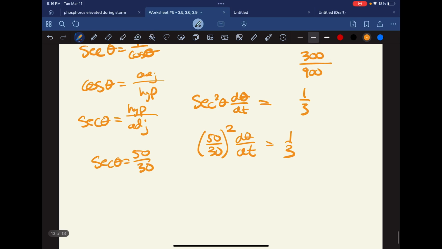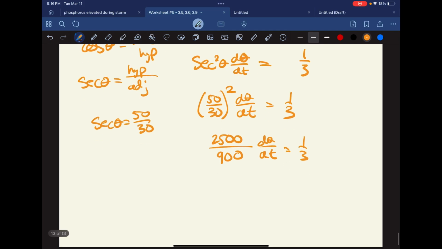So then you square the tops. That's going to be 2500 divided by 900 times d theta/dt equals 1/3. Multiply both sides by 900. 2500 times d theta/dt equals 900 over 3, which is just 300.